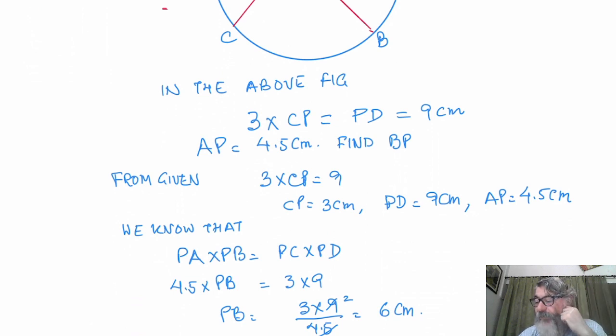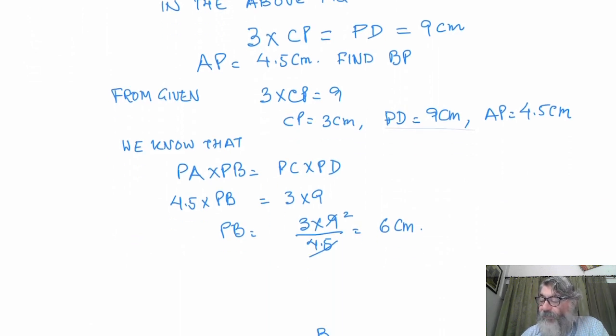We applied the relation PA into PB is equal to PC into PD, and substituted the given values: PA was 4.5, PC is 3 and PD is 9. From this calculation we got PB as 6 centimeter.